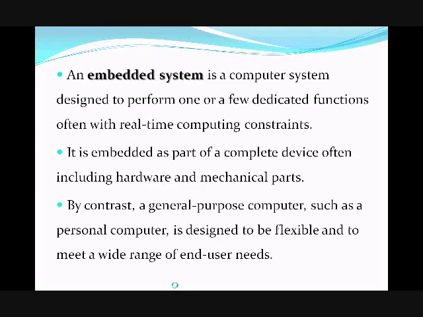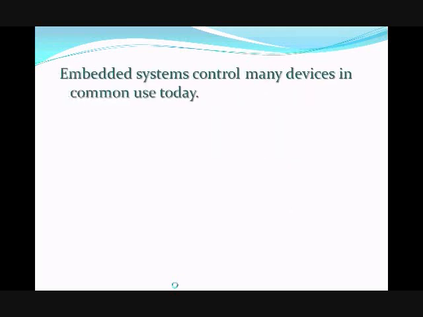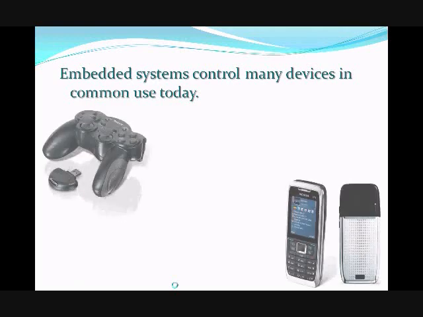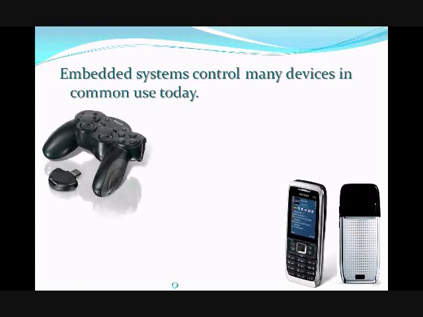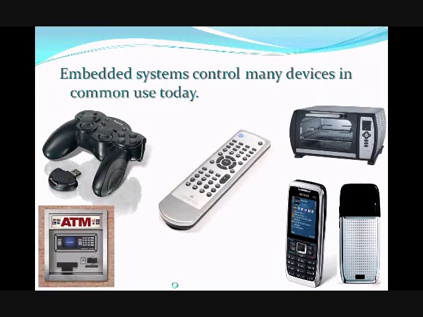An embedded system is a computer system designed to perform one or a few dedicated functions, often with real-time computing constraints. It is embedded as a part of a complete device, often including hardware and mechanical parts. By contrast, a general-purpose computer, such as a personal computer, is designed to be flexible and to meet a wide range of end-user needs. Embedded systems control many devices in common use today.